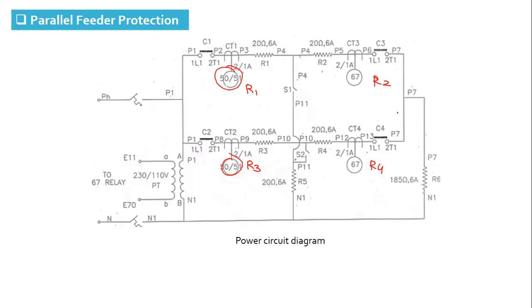Okay, so fine. Let us go for the relay settings. How to do the relay setting? Let me draw the diagram that we use for reference. Here we have a 230-volt single phase AC supply.